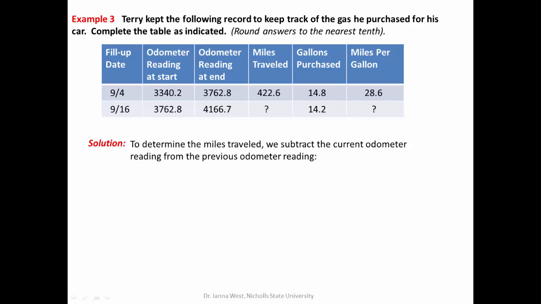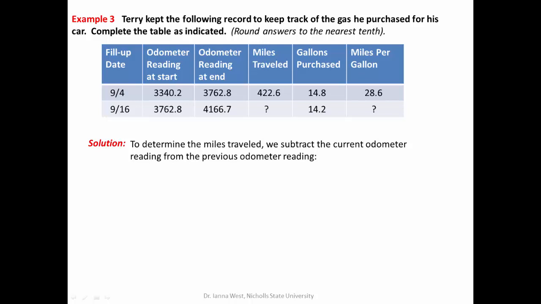On September 4th, when Terry filled up his tank, he had 3,762.8 miles on his odometer. On September 16th, when he went to fill up his tank again, he had 4,166.7 miles on his odometer.